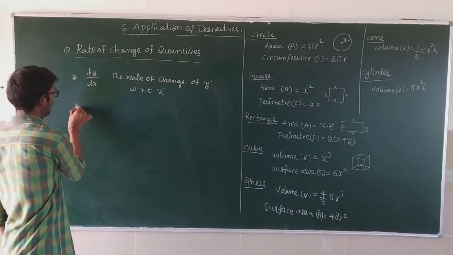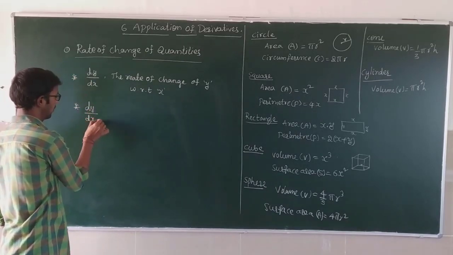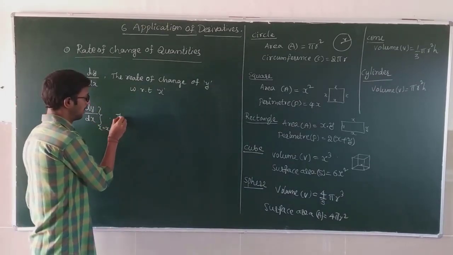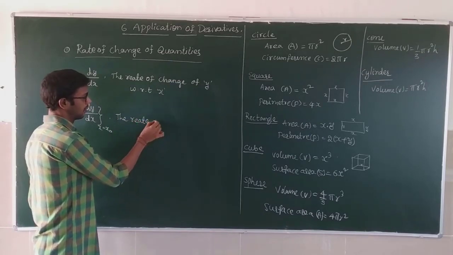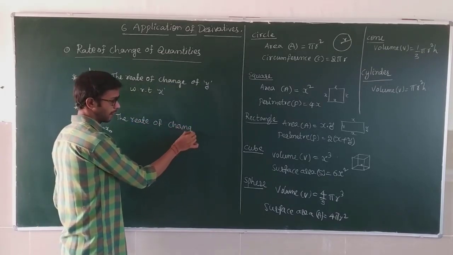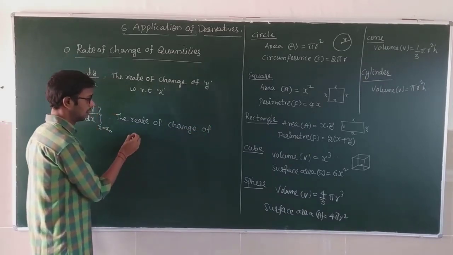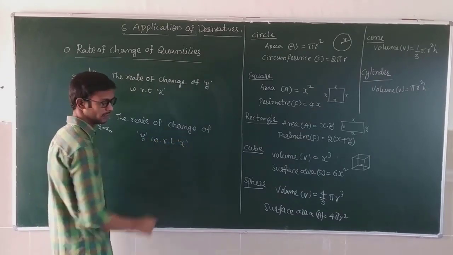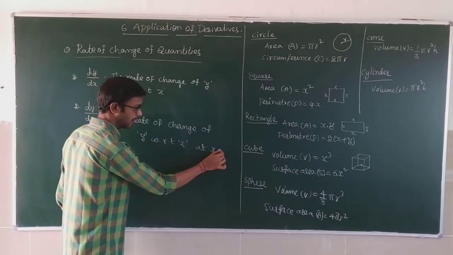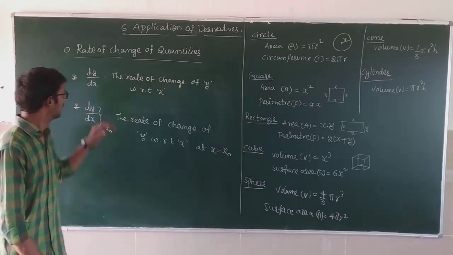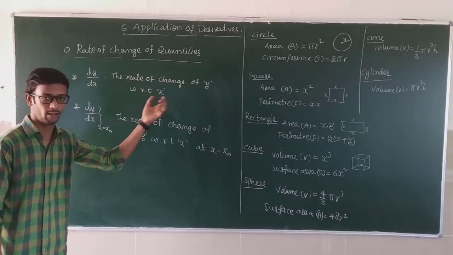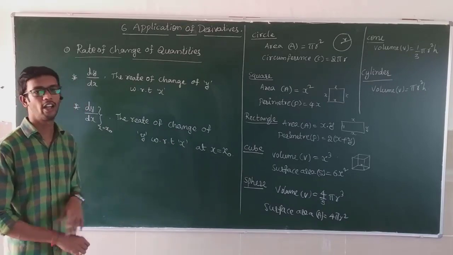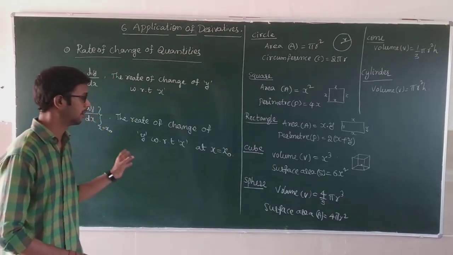Next, dy by dx at x equal to x naught. This means the rate of change of y with respect to x at x equal to x naught. x naught is one number, so you can substitute any number there.